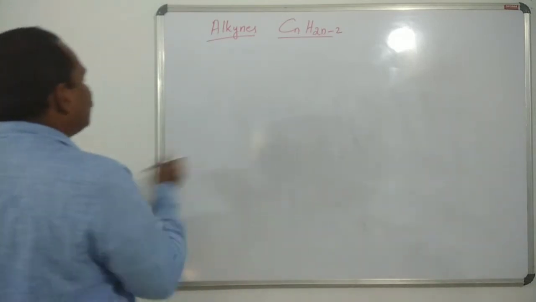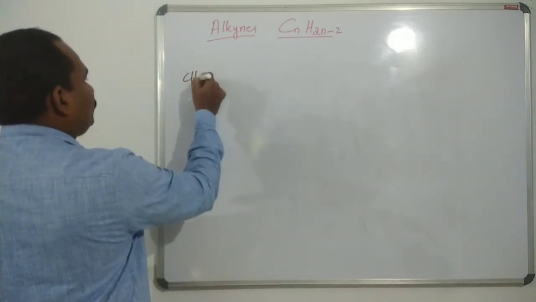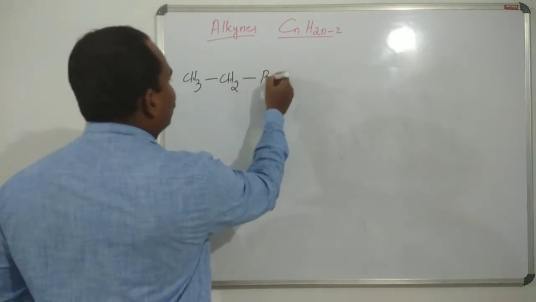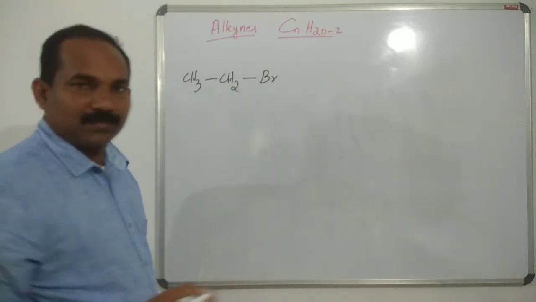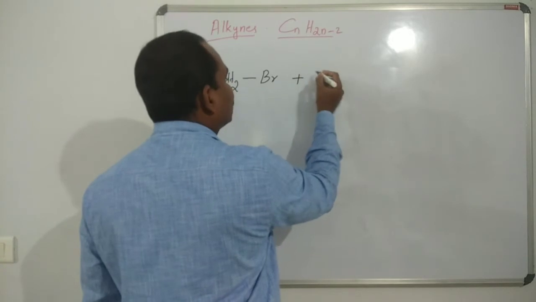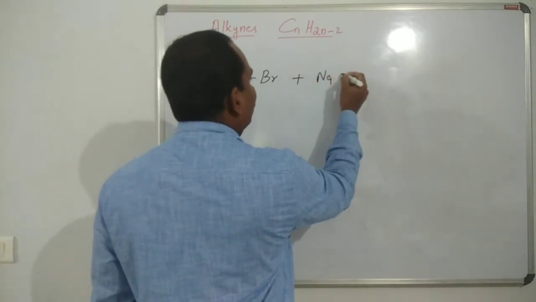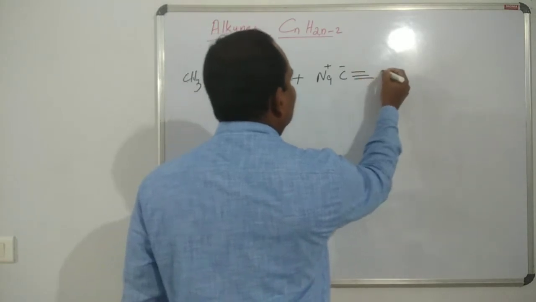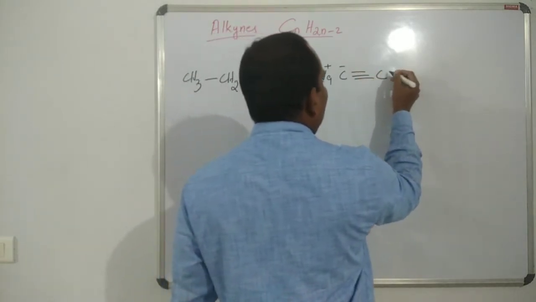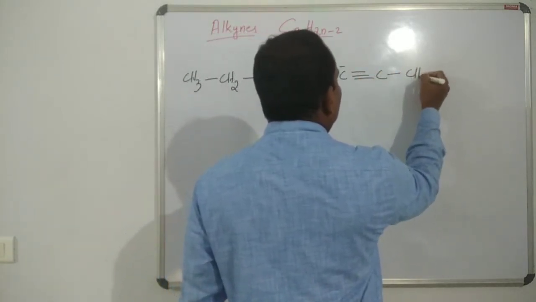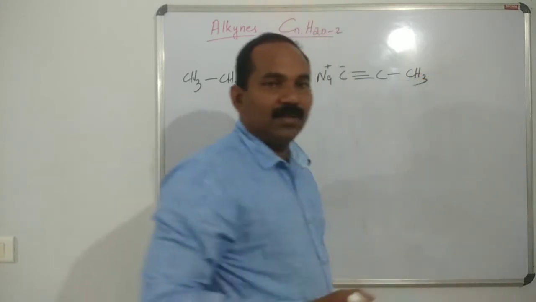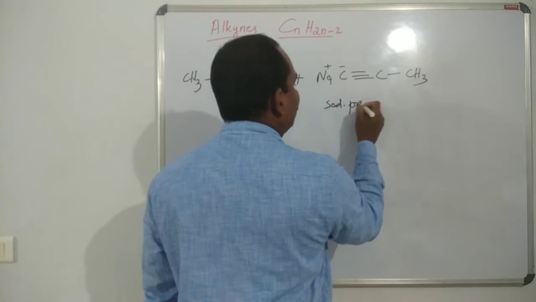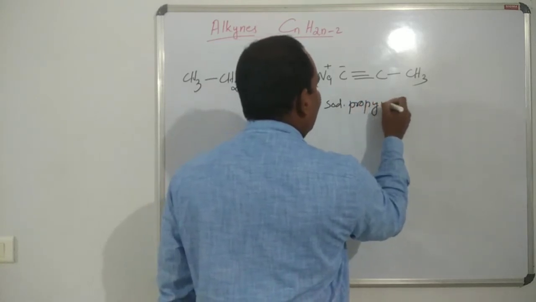I will explain one example. CH3 CH2 Br plus sodium salt, Na plus C minus CH3. It is sodium propanide.